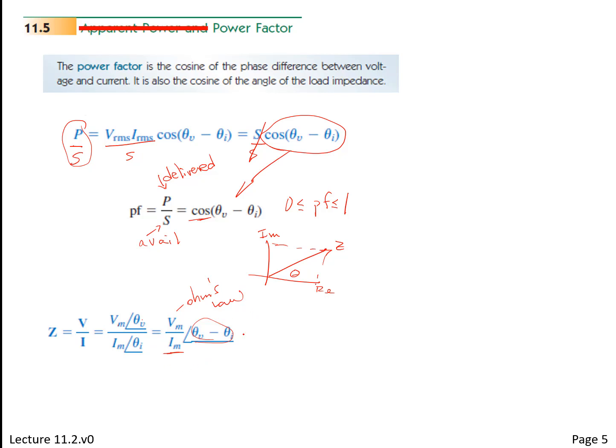Okay, so if I broke this out and want to define this, Z would be equal to V over I, the maximums, V over I times what?